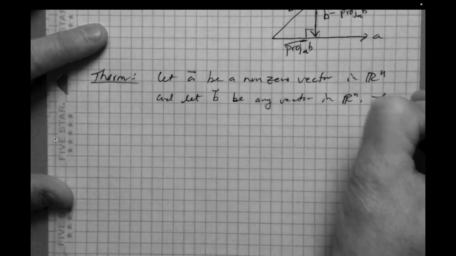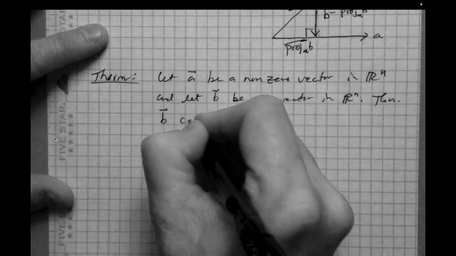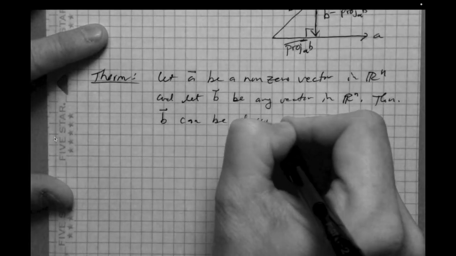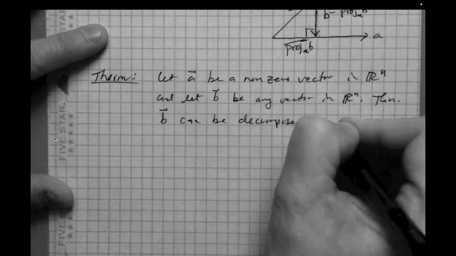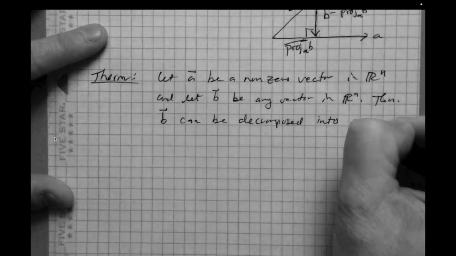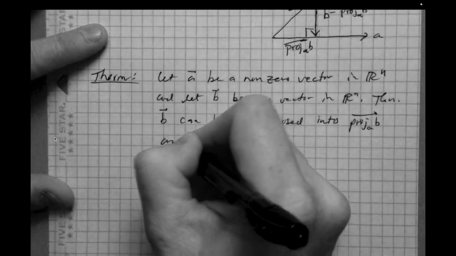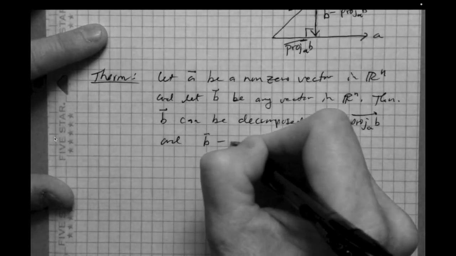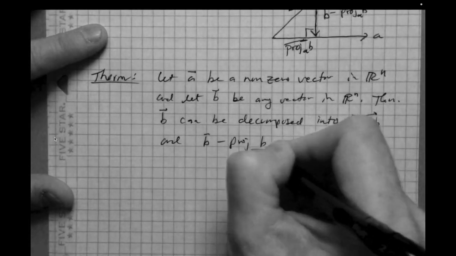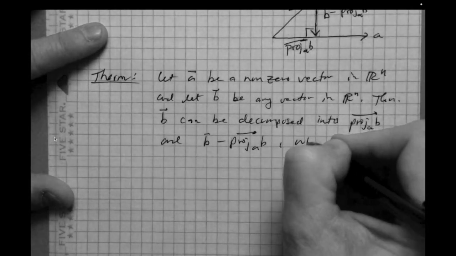Then B can be decomposed into the projection of B onto A and B minus the projection of B onto A, which are orthogonal.